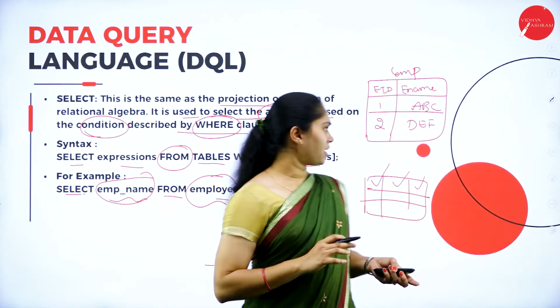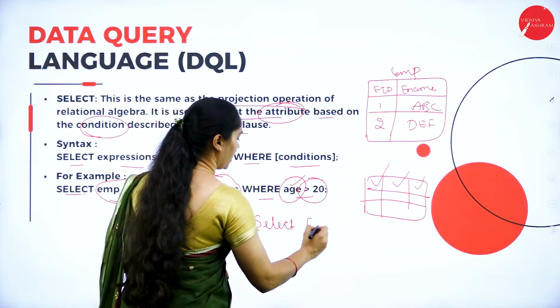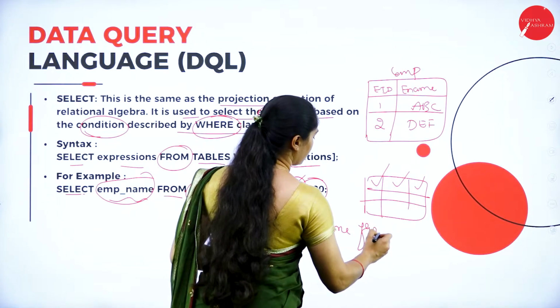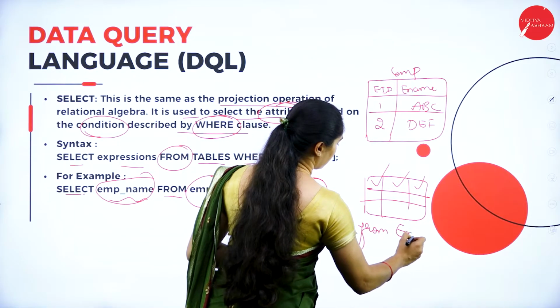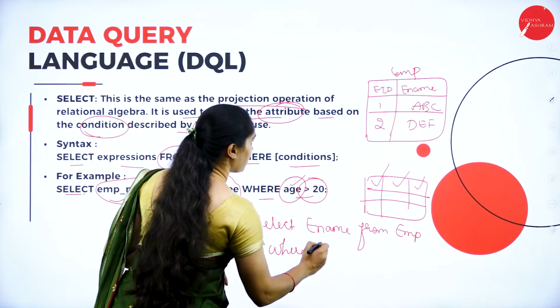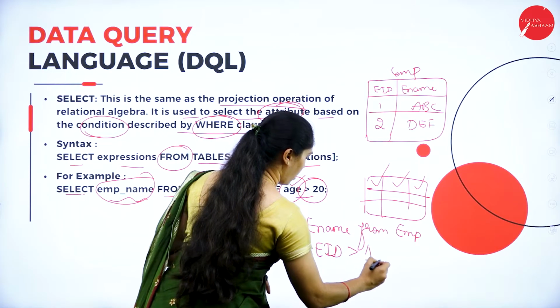Fine. So let me write here: select E name from employee where employee ID is greater than 1.